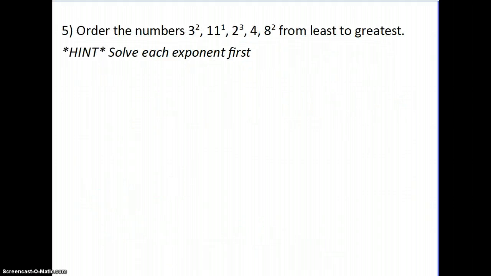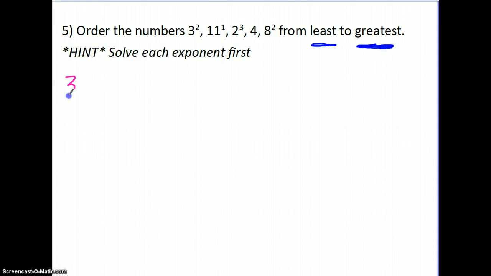The next one says, order the numbers 3 squared, 11 to the 1st power, 2 to the 3rd power, 4, and 8 squared from least to greatest. Okay? So you need to make sure, and it gives you a nice little hint, to solve each exponent first.